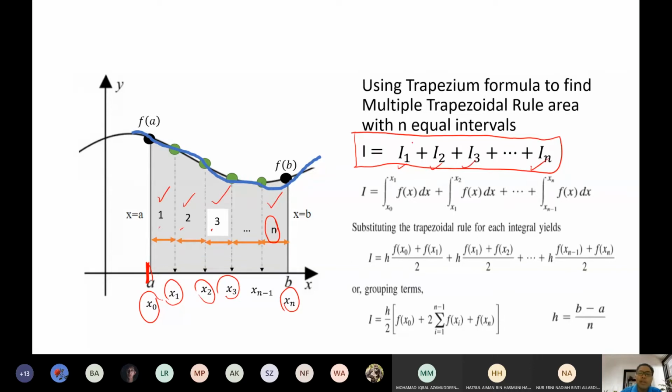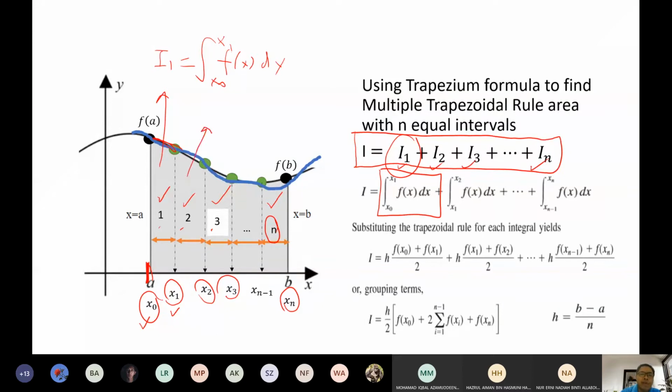And you know that in order to find the area for the first trapezium, that is done by integrating from your lower limit, which is x naught, until the upper limit x1, and integrating the function that we call f(x). So this is given by this.